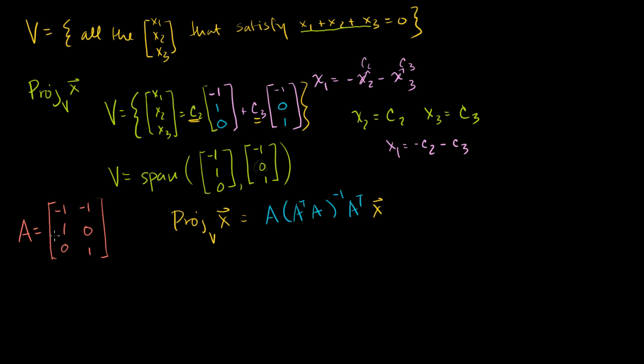You can do it. You have A here, and you can figure out its transpose, very easy. You can take A transpose A and then invert it, similar to what we did in the last video. It'll be a little less work because this is a 3x2 matrix instead of a 4x2 matrix. But you saw it is actually a lot of work. It's very hairy, and you might make some careless mistakes.